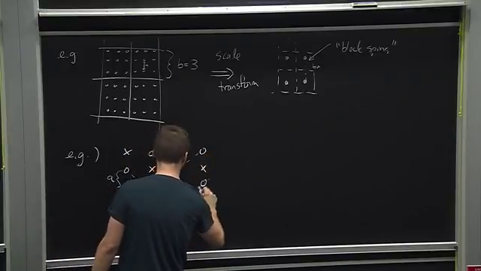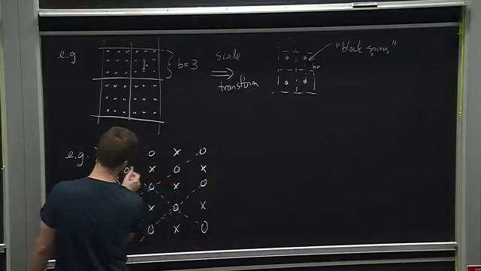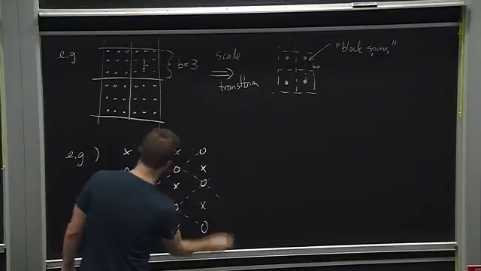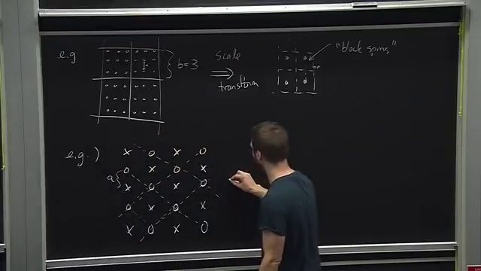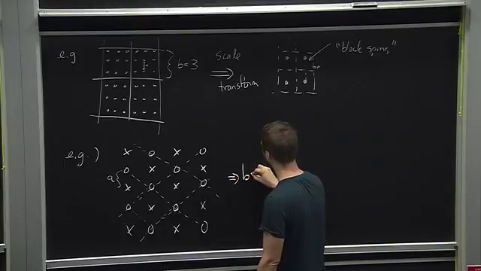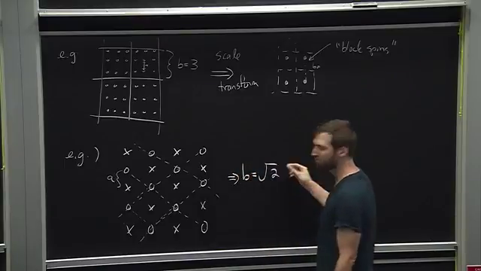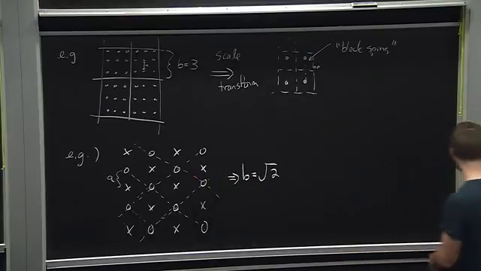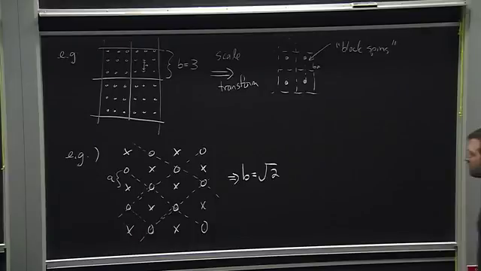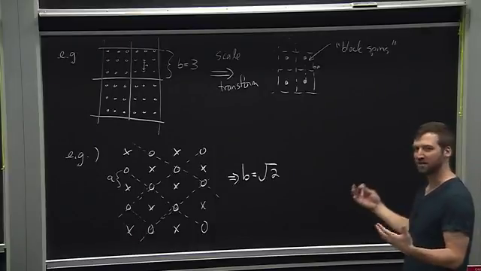That's my new lattice. That would correspond to a B of root 2, say. That's the length of the edge of this square. So there's different ways of doing this. That's the point.